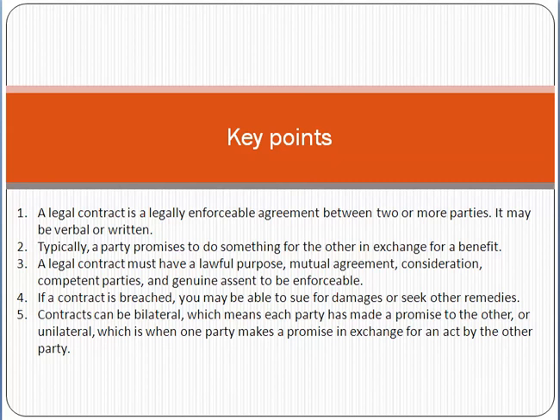The other very important point is that contracts can be bilateral, meaning both parties are agreeing on one point, or unilateral, meaning one party is accepting all the conditions of the other party. So remember friend, a contract can be bilateral or unilateral.